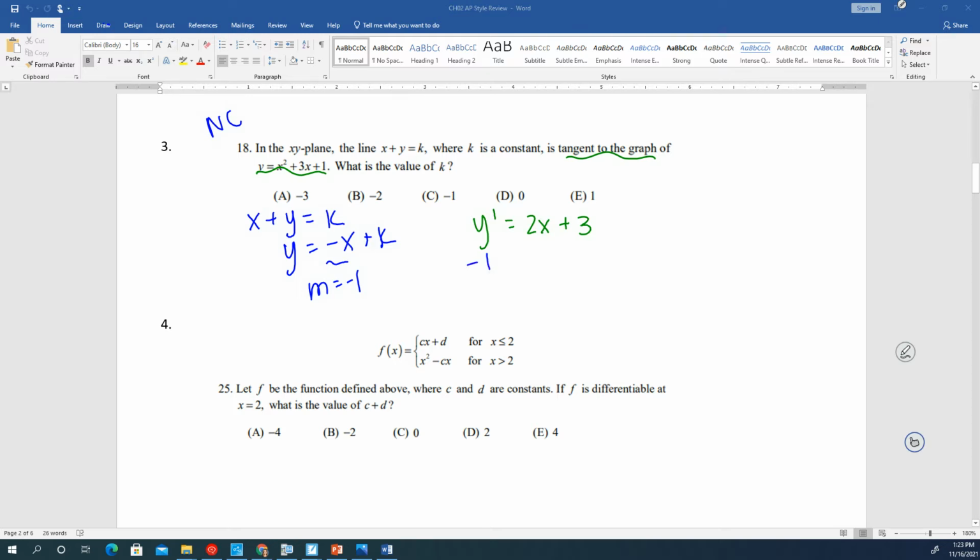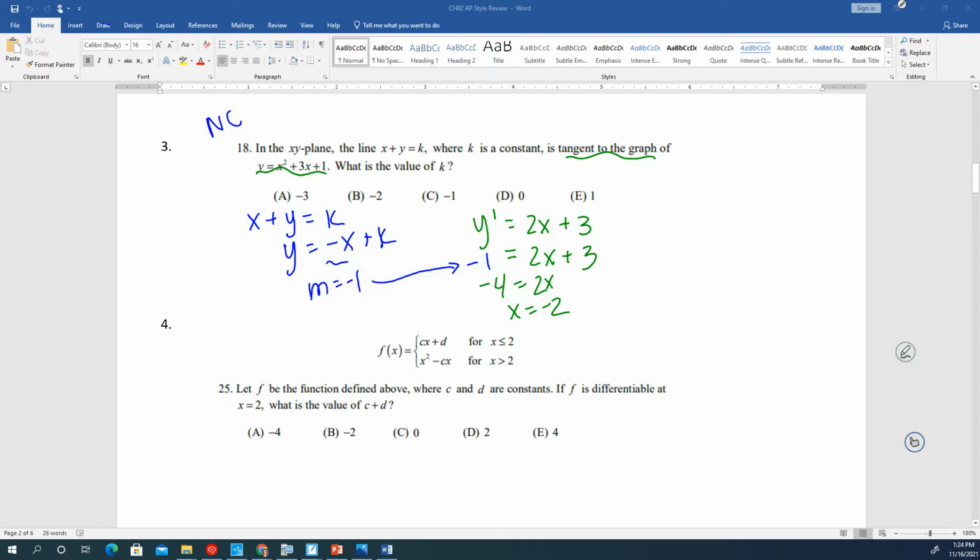Okay, so we use that information to set my derivative equal to -1. So I'm trying to find what point the line is tangent to the graph. Solve this quickly. It looks like I'm getting x to be -2.